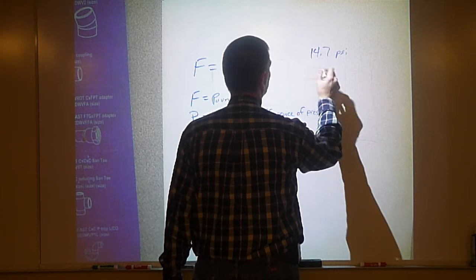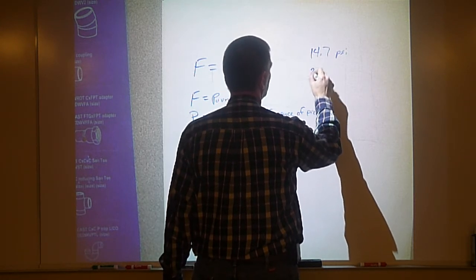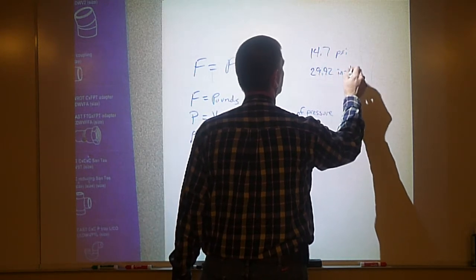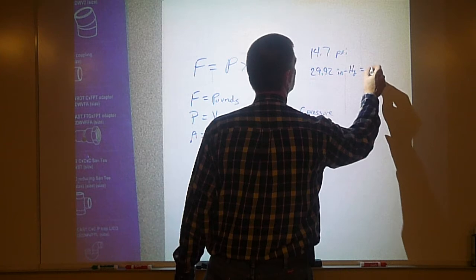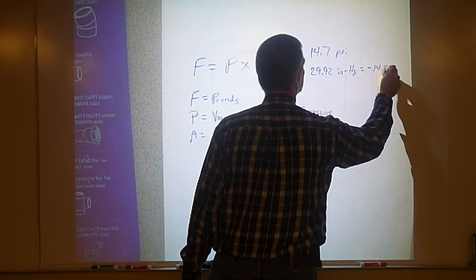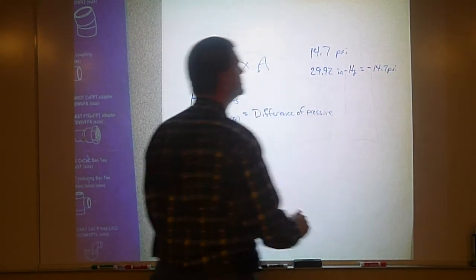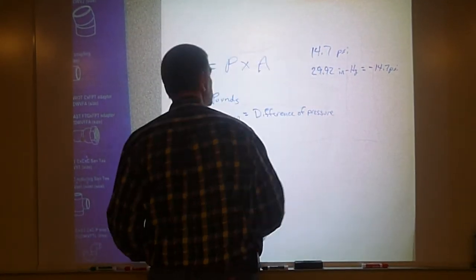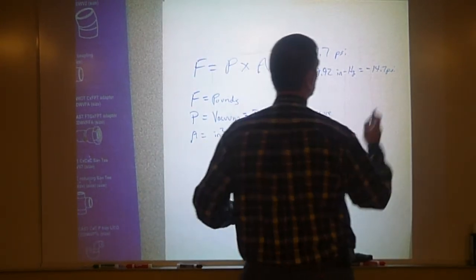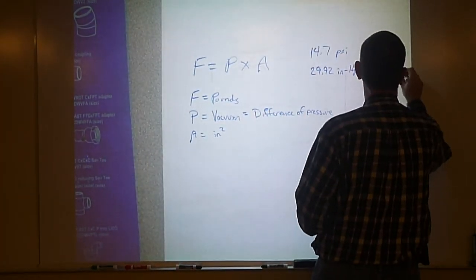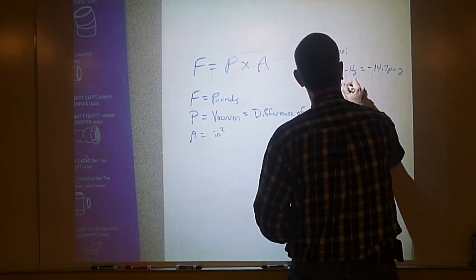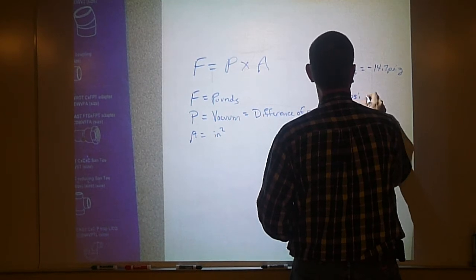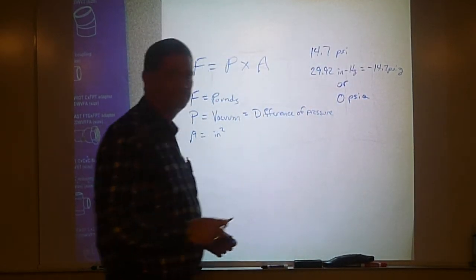At absolute vacuum, or 100% vacuum, at 29.92 inches of mercury equals negative 14.7 psi, or it's negative 14.7 psi gauge, or 0 psi absolute.